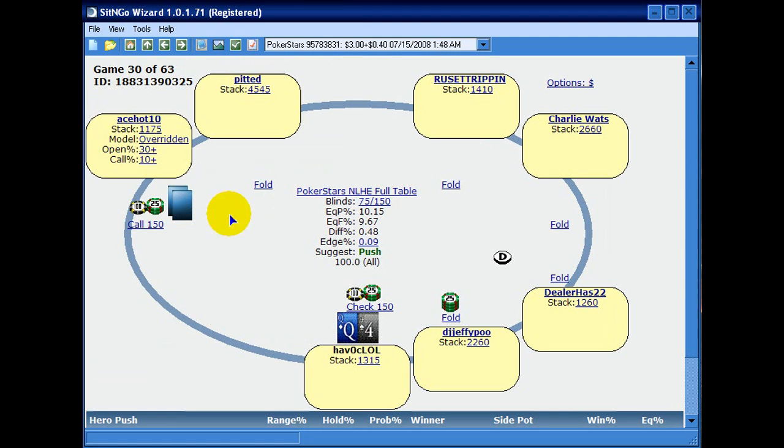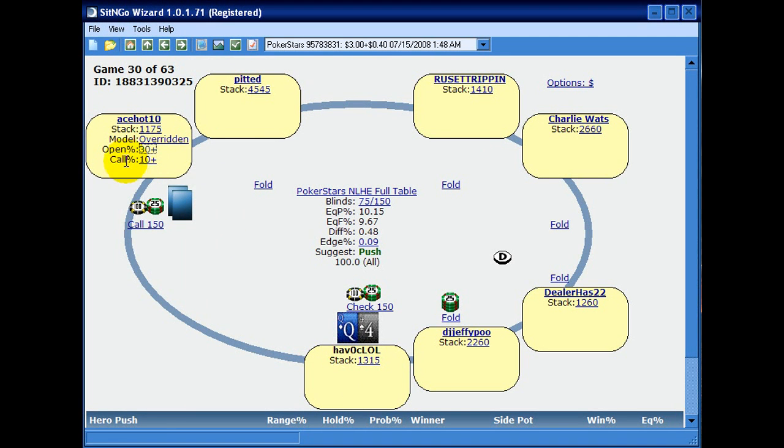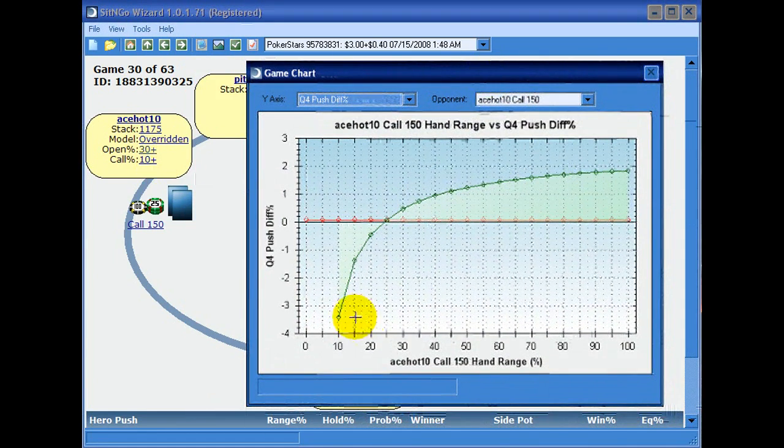Assuming we hold his calling range constant, he's always calling with the top 10% and never anything worse. We look at how wide he opens, and if he opens 25% or less, then this is a break-even EV push.